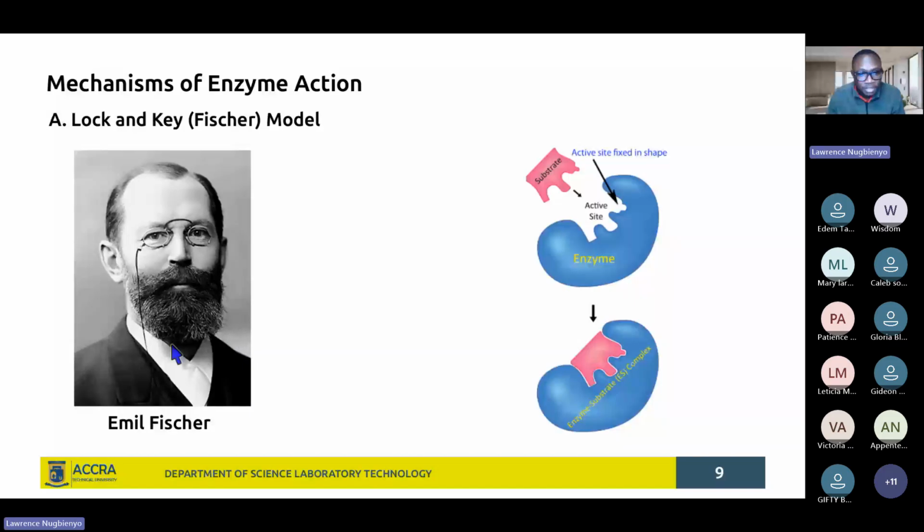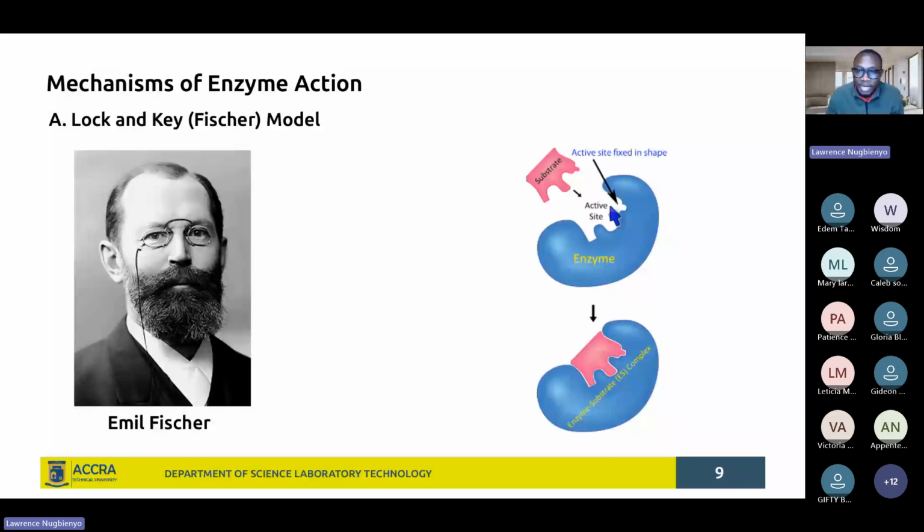He came up with the proposal that enzymes and their substrates actually have a fit between them. There is fitness between them, such that the enzyme has a portion.